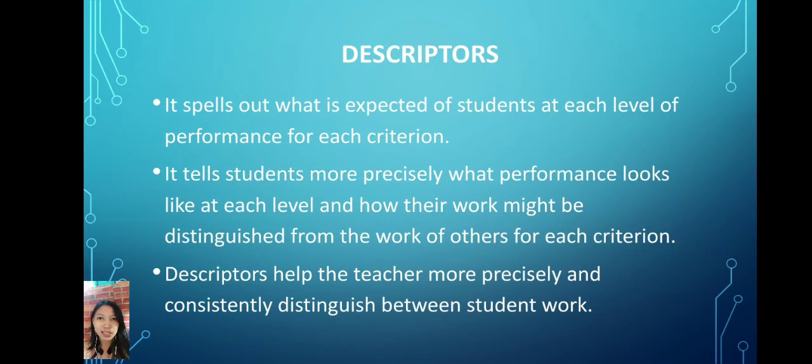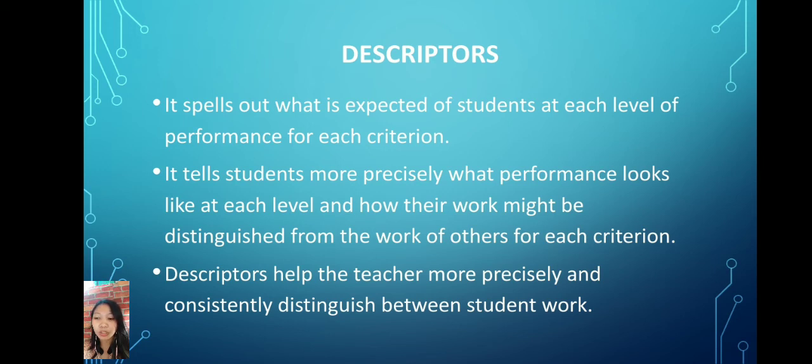Next is descriptors. It spells out what is expected of students at each level of performance for each criterion. It tells students more precisely what performance looks like at each level and how their work might be distinguished from the work of others for each criterion.